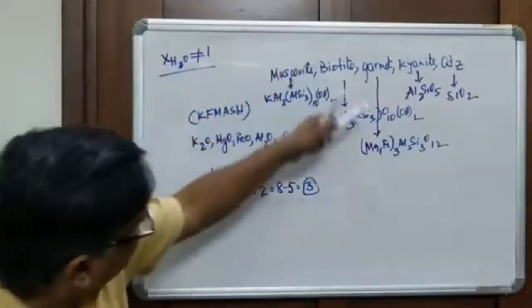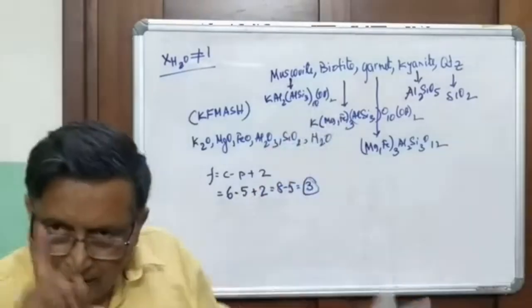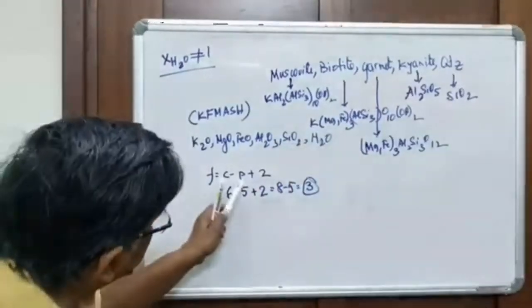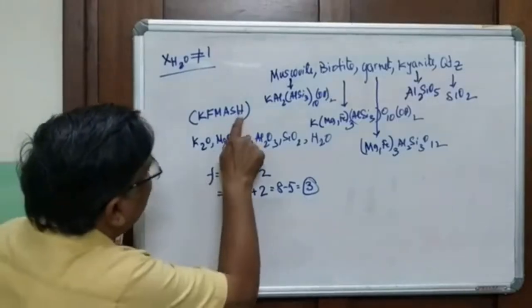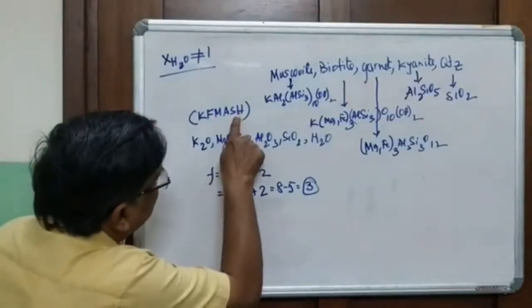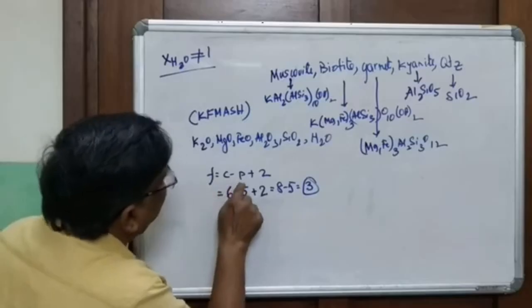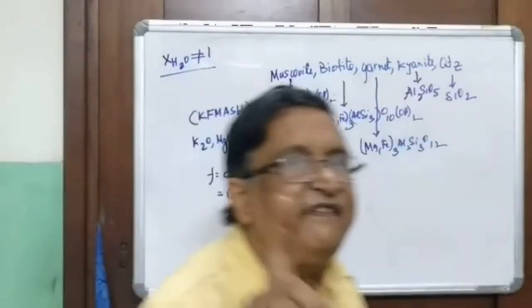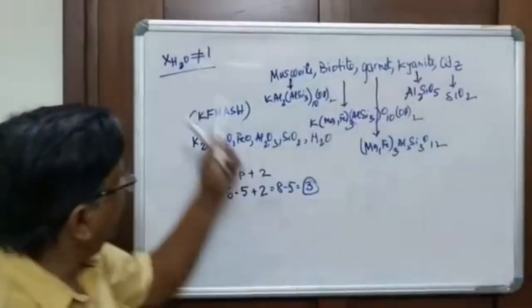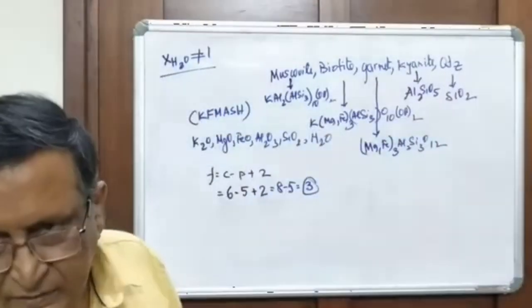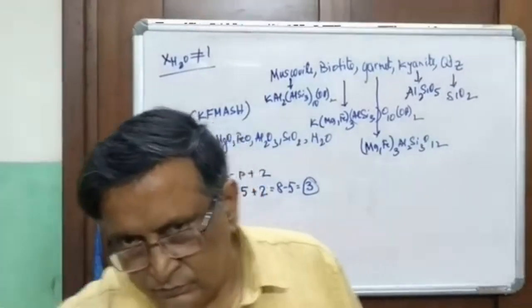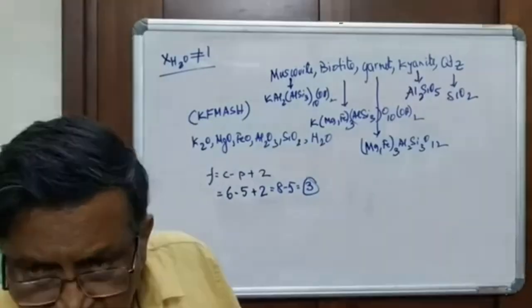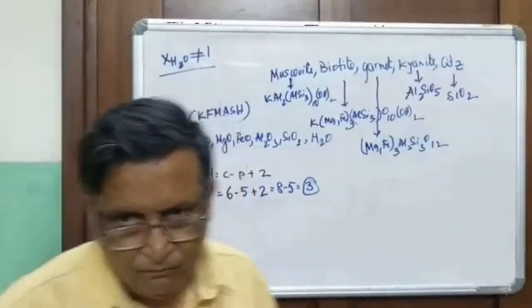In this space I have taken H2O as a component, but in the phases I have not taken fluid as a phase, which means XH2O is not equal to 1. Clear? XH2O, the fluid component H2O, is variable. Right.